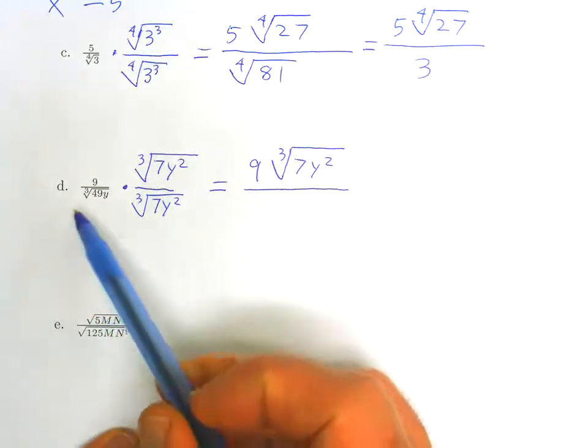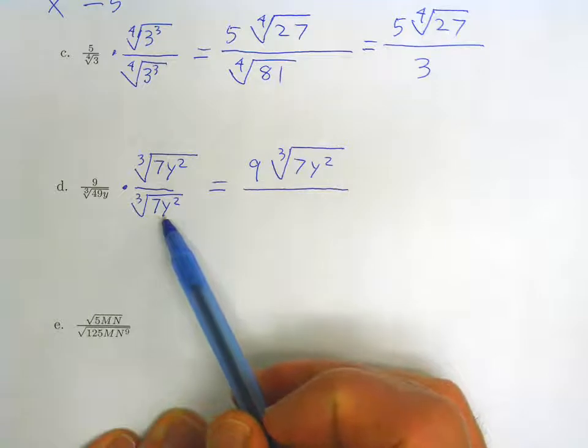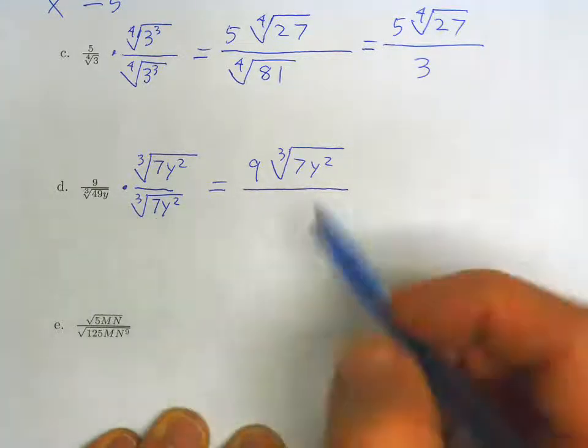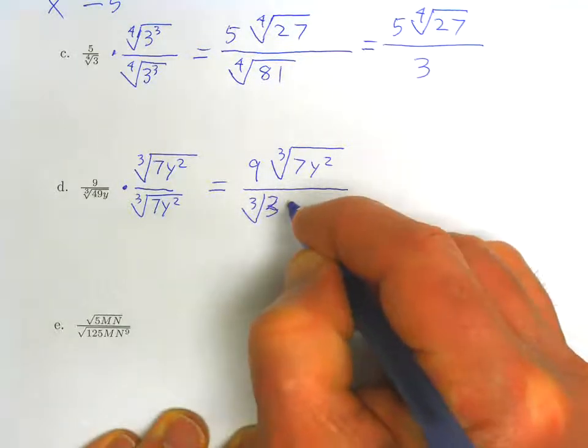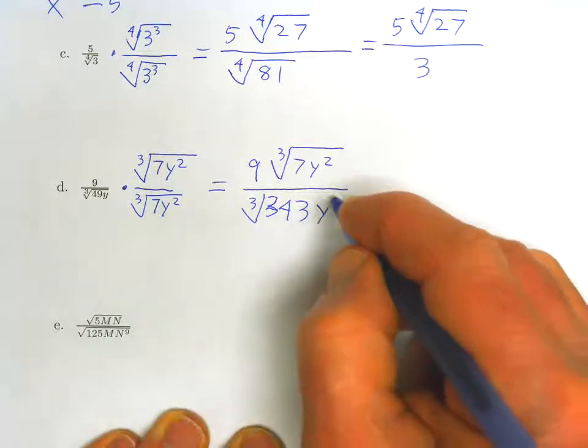And in the denominator, the cubed root of 49y times the cubed root of 7y to the second. Well, 49 times 7 is 343, and y times y to the second is y to the third.